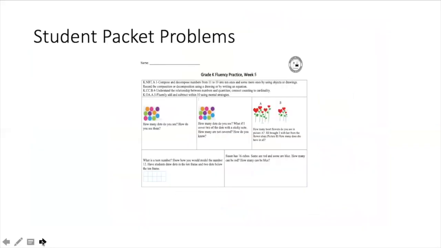And now we're going to talk about the student packet problems that you will get in this week's packet when you pick up your meals. All right, so the first 2 problems are counting dots and saying how many and how do you see them. In this one, you're going to cover 2 dots and then say how many dots you see.